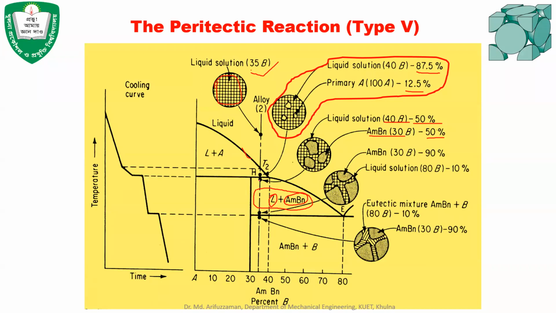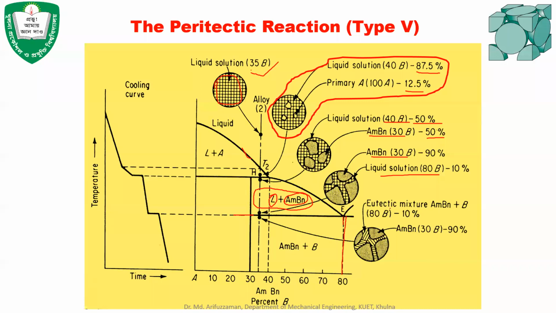And when the temperature is dropped more, before the eutectic temperature line, this is the eutectic temperature line. At this eutectic temperature line, the chemical composition is AMBN at 30B and liquid solution at 80B. And when the liquid solution is 80B, that indicates the eutectic composition. When the liquid solution reaches the eutectic composition, then it will be converted into eutectic mixture.